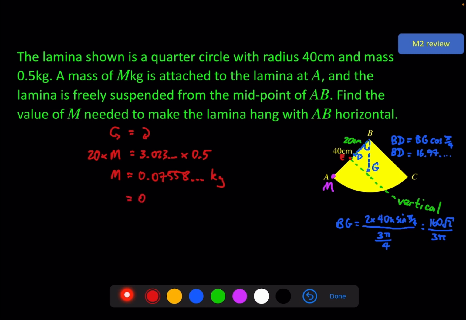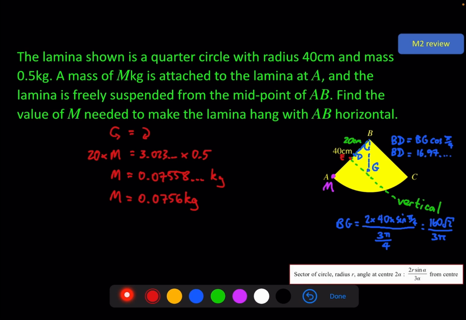Rounding that to 3 significant figures, a very small mass is needed on A to keep this hanging so that AB is horizontal. If you got that, very well done to you.